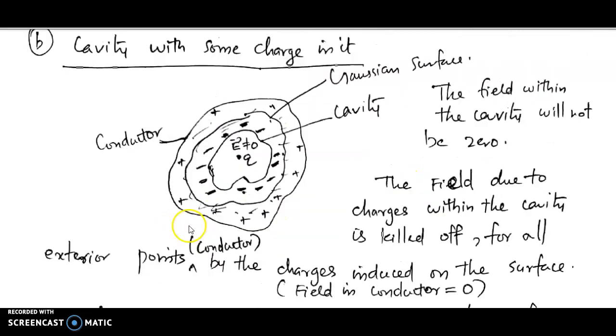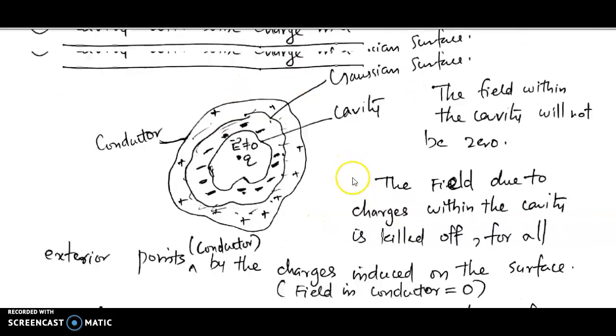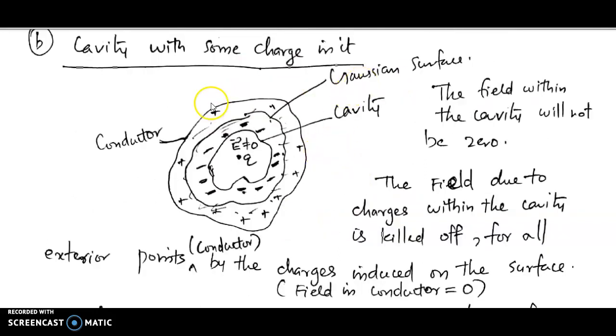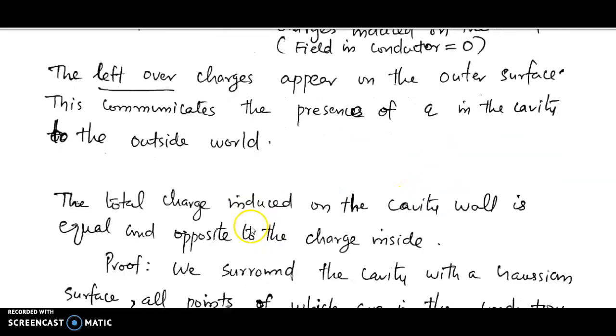And the leftover charges communicate the presence of a charge in the cavity to the outside world. So from the outside, if we detect some charge on the outer surface of the conductor, we can say there is some charge within the cavity.